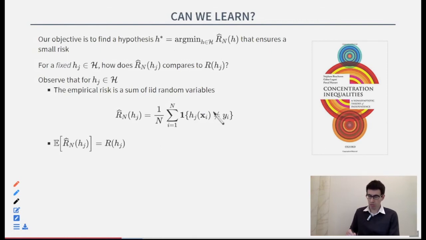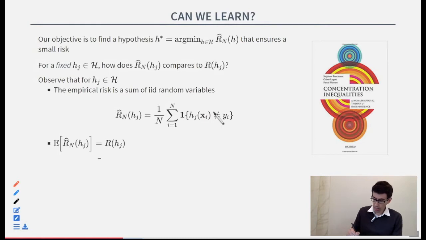What's random is the random variable xi. So the expected value here is over all the data set D, which is a random variable since its components, the feature vectors xi from i equals 1 to n, are indeed random variables. I'm claiming that if you take the expected value of the empirical risk, it is actually equal to the true risk of the model Hj.